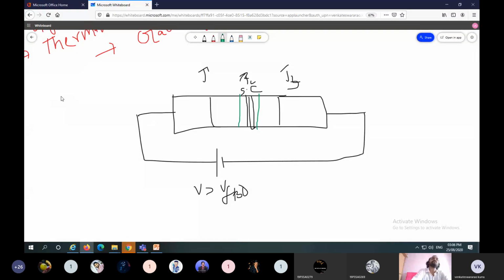What is the formula for voltage across an inductor? Take an inductor supplied by some voltage.